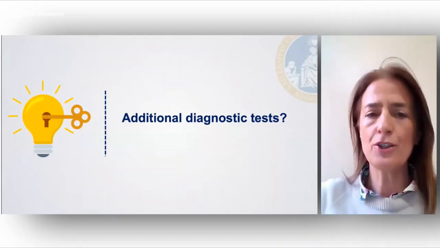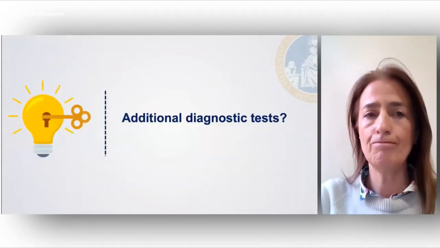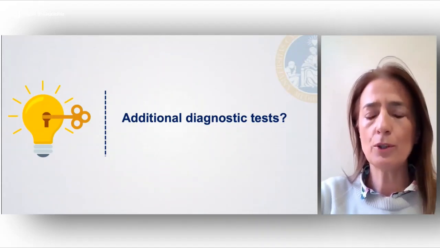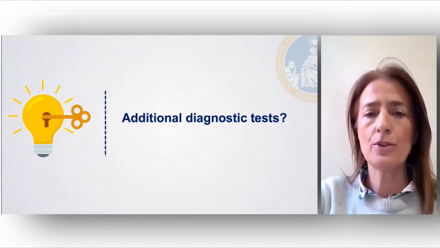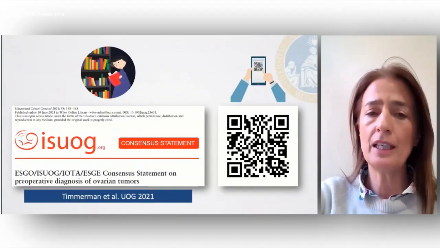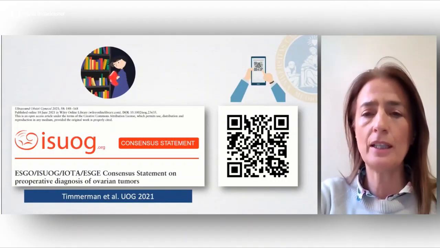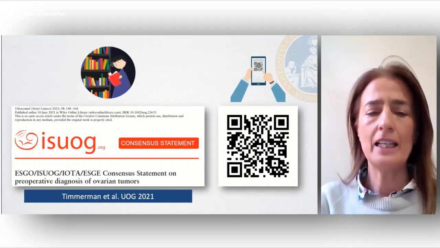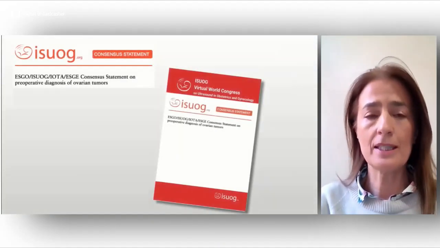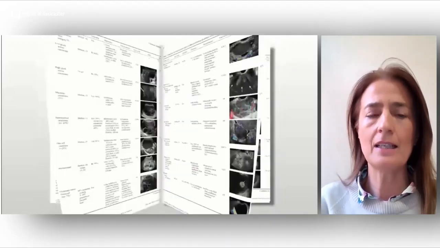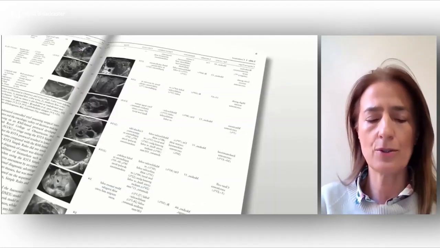So, Ahmad mentioned tumor markers. We wanted to answer this question. You can move on, Francesca, just to mention the consensus statement that you can find in several journals, because these 4 scientific societies published this consensus.